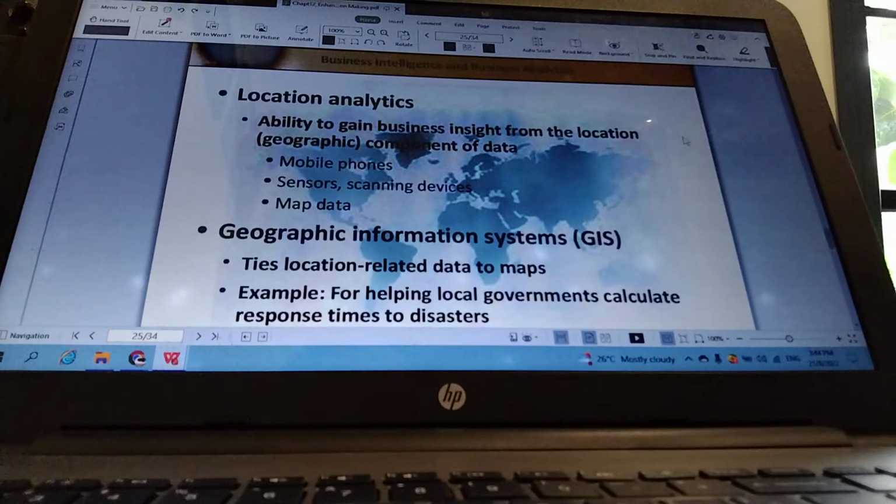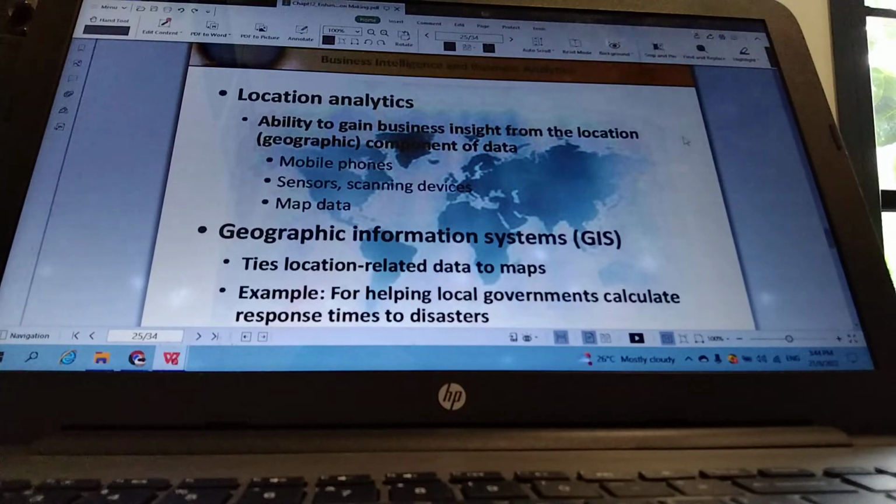Devices such as sensors and scanning devices, like for example CCTV and many other scanning devices, are part of the infrastructure, and also the maps provided by service providers like Google, Waze and so on for the same purpose.